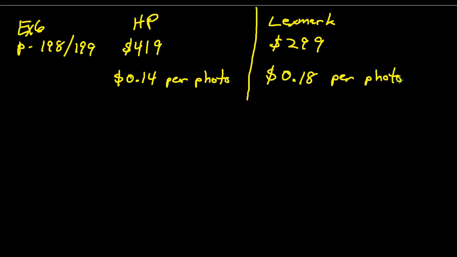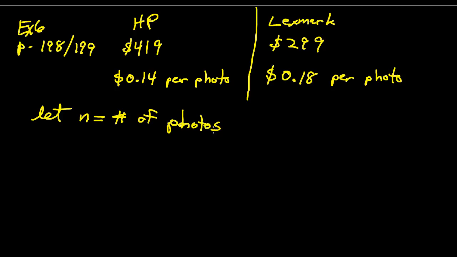How many photos would need to be printed for the total cost of printers, ink, and paper to be the same? All right, so I'll make a let statement here. Let n equal the number of photos printed by each of these printers, and they want to know when the cost is going to be the same.